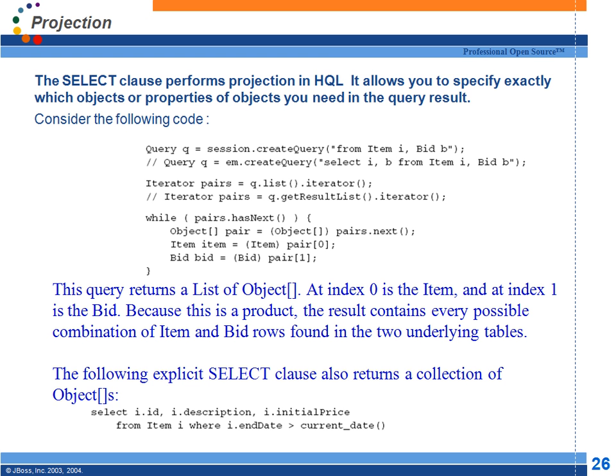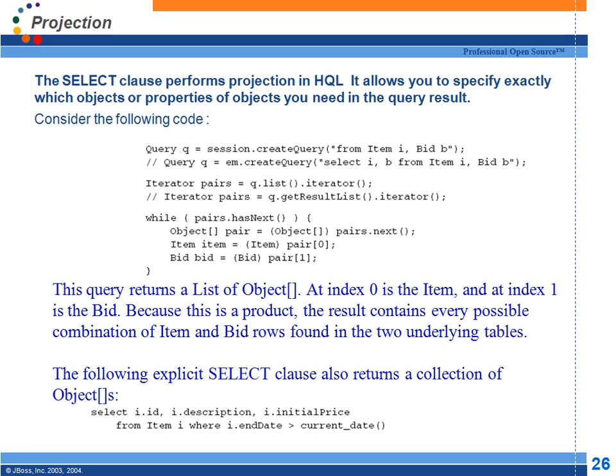Now projections. What do I mean by projections? See this query: from Item I, Bid B, I will be getting the columns of both item as well as bid. So when I fire query dot list, I will be getting a list. That list will contain what? An array. First element of the array is item, second element of the array is bid.